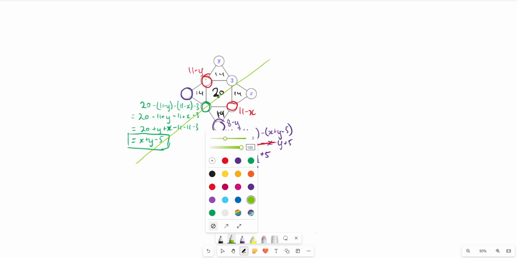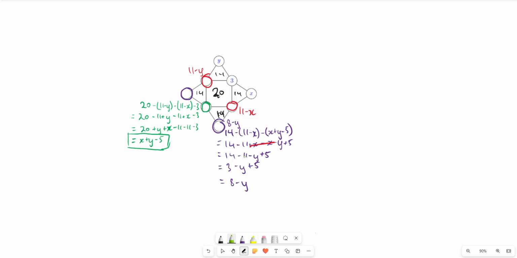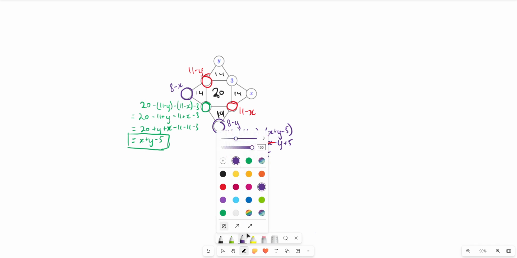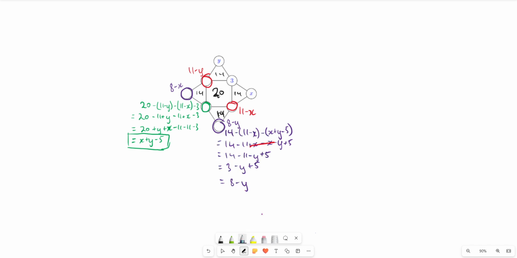There's one red here, one red here, and one purple here, and there's going to be one purple here. As you can see, they're practically opposite. 11 minus y is the opposite in a way of 11 minus x. They're just using different variables here. So we can apply the same thing: 8 minus x here.